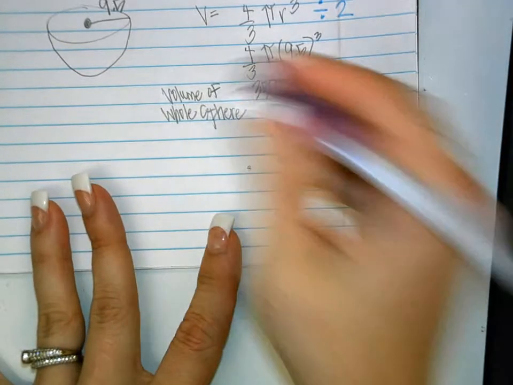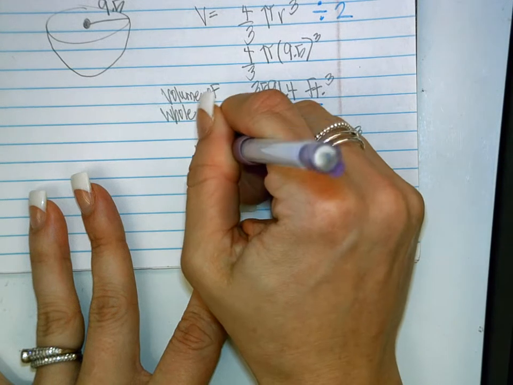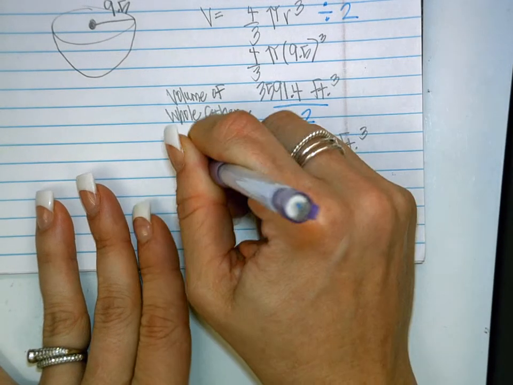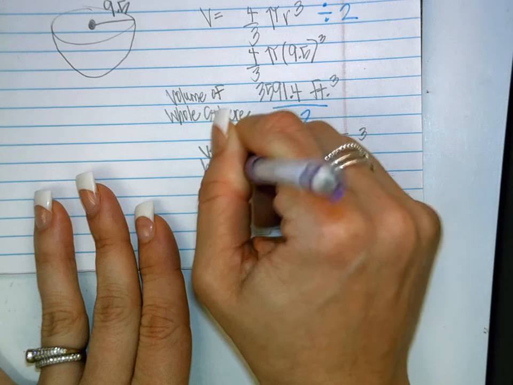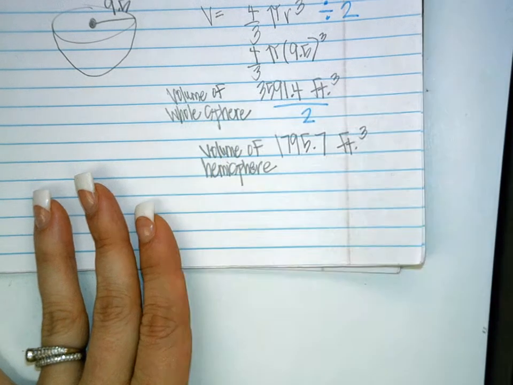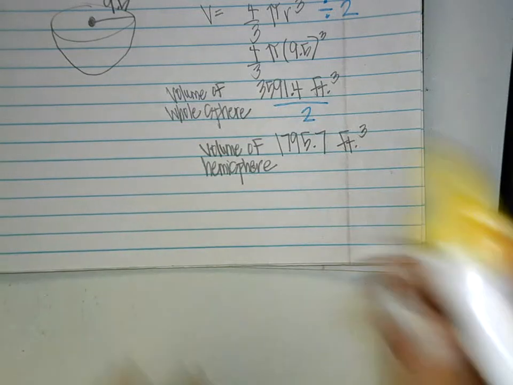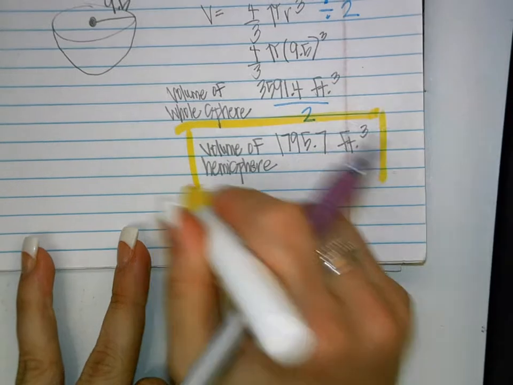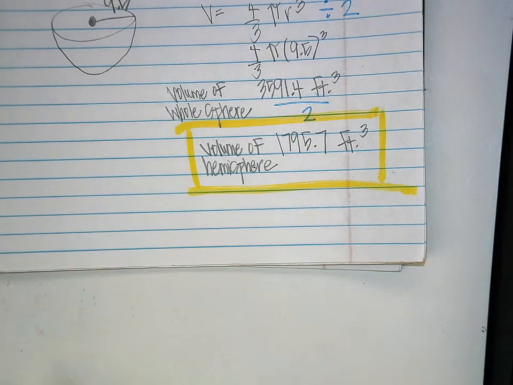This is the volume of the hemisphere. Make sure you read the question to find out if you're finding the whole volume of the sphere or the volume of just the hemisphere.